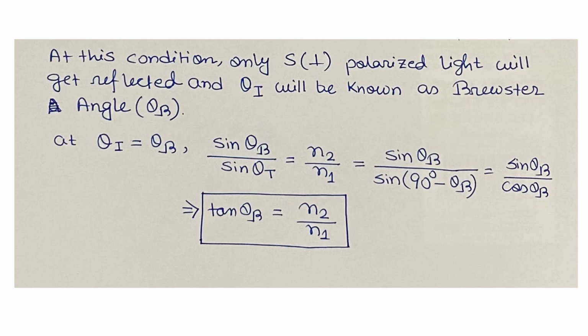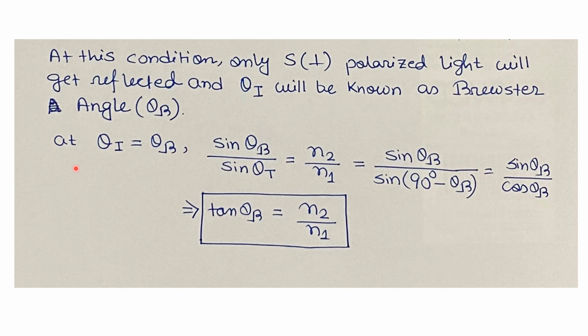Under the condition of theta I plus theta t equals 90 degree, only the S polarized light, that is the light with electric field in the perpendicular direction of the plane of incidence, will get reflected and theta I will be known as the Brewster angle. Now we will use Snell's law to estimate the Brewster angle.